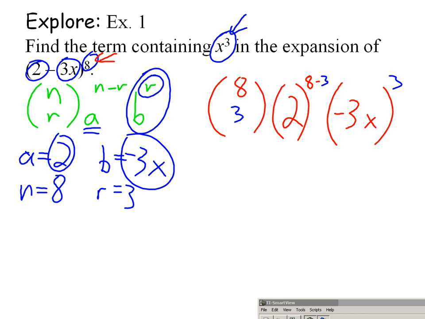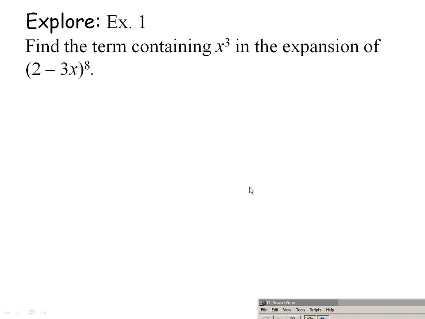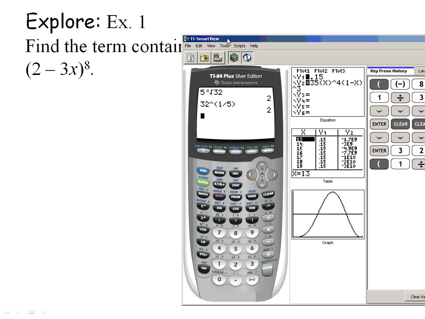Now, how do we actually do the math here? Well, I'm going to reach for my calculator. And the first bit of math that I needed was 8 choose 3. So I do math, we go to our probability nCr. So 8 choose 3.